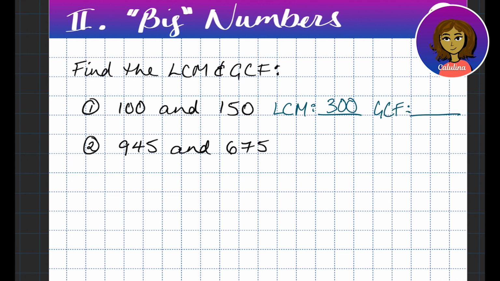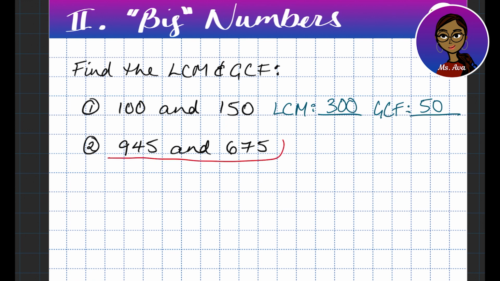Is it 50? Yes, it is just 50. Very nice. Do you see what I mean? It was kind of easy to figure those out. You could even do it as if it was a 10 and 15 and then just add zeros to your answers. So that's not exactly what I mean by bigger numbers.